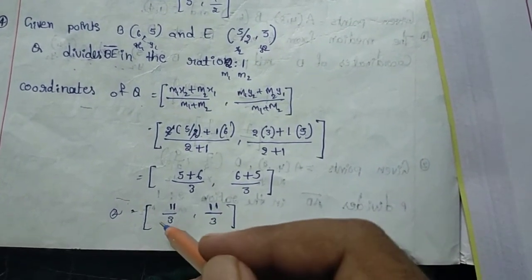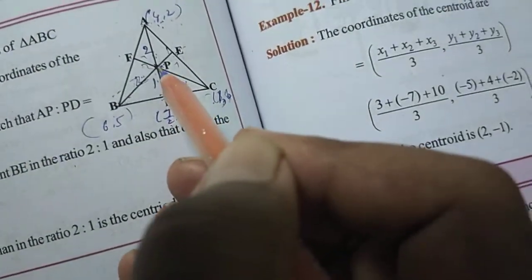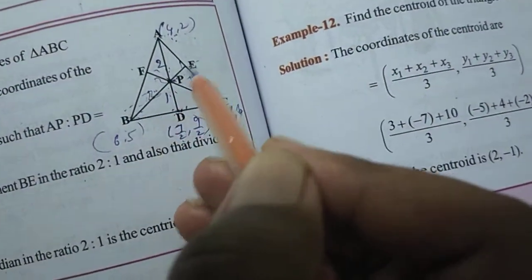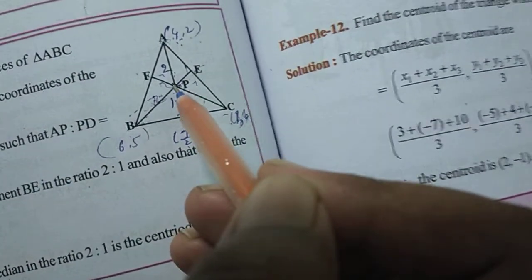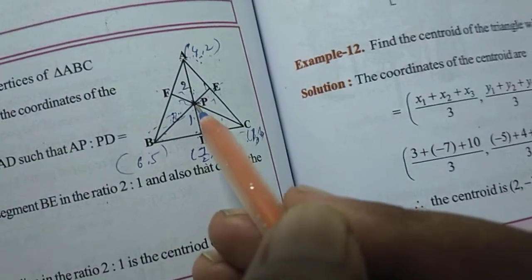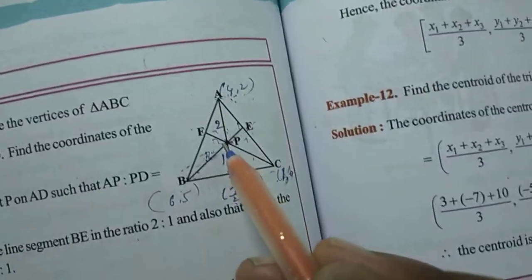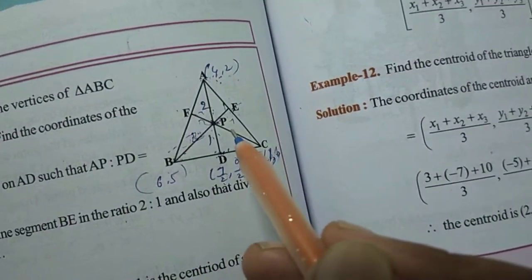Next, find R. First AD divides in the ratio 2:1, found P 11 by 3. BE in the ratio 2:1, found Q value 11 by 3. Next, R: take R divides CF in the ratio 2:1.